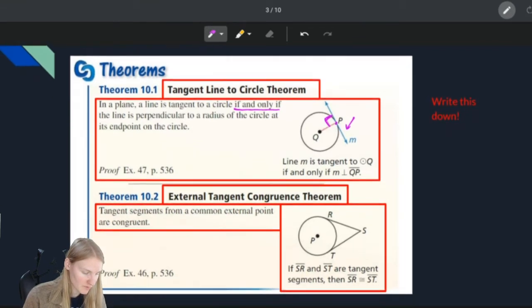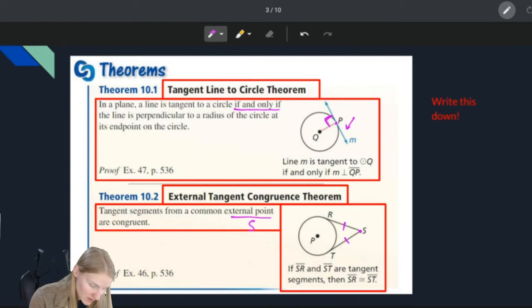Alright, the next one, the external tangent congruence theorem, a fancy name for a simple thing. Tangent segments from a common external endpoint, or an external point, are congruent. So this external point is S. These tangent segments are congruent.